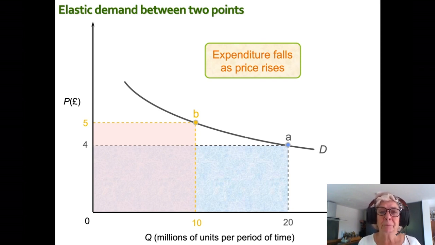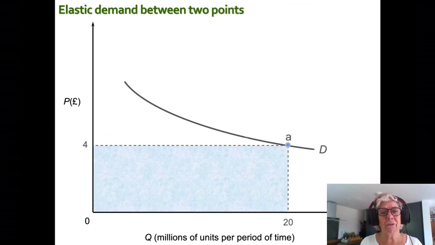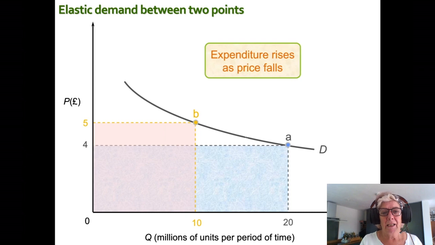It's the same thing. So if demand for your good is elastic, you don't want to put the price up, because that will actually cut demand so much that you'll end up with less revenue. That's worth knowing, isn't it? We could look at this the other way around though, couldn't we?